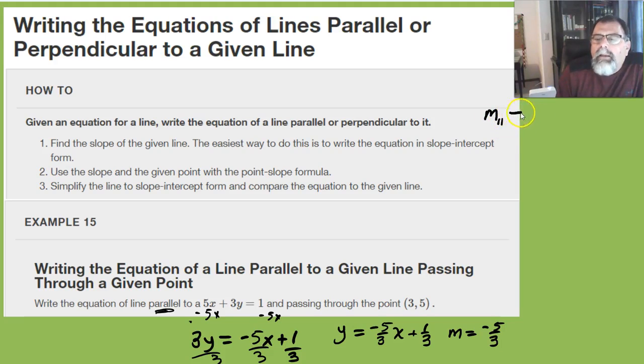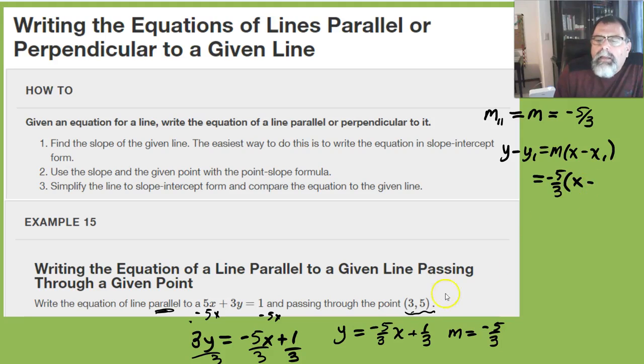My parallel line is going to be equal to my slope, which is -5/3. Okay, and then it's passing through the point (3, 5). So I'm going to use my point-slope form. Plug in the given point and the slope we just figured out.